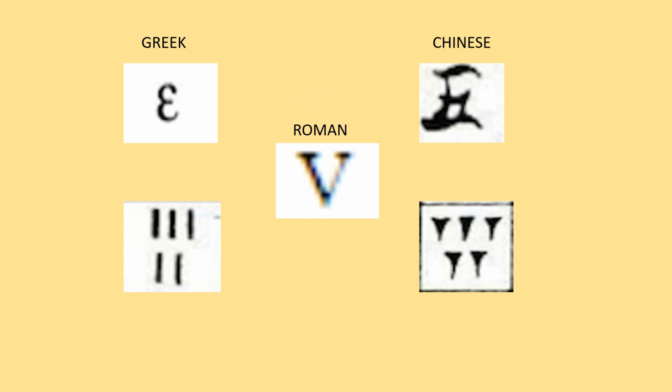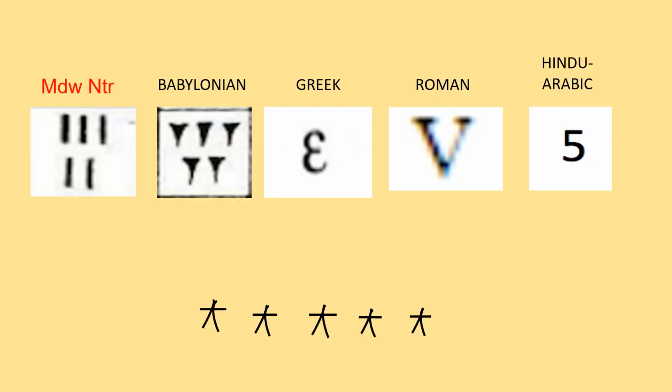On this screen we can see that we have Greek, Chinese, Roman, Babylonian, and Egyptian numerals. These 5 numerals are accurate representations, or true representations, of the quantity of stars at the bottom of the screen.